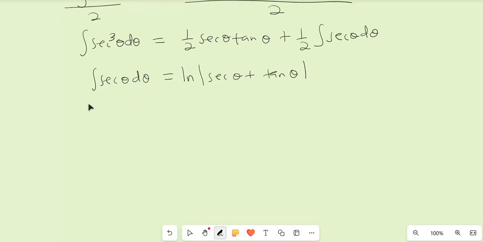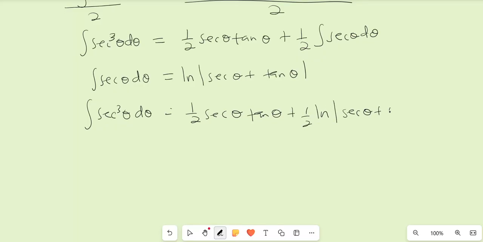So we can now put everything together. The integral of secant to the third power of theta d theta is 1/2 secant theta tangent theta plus 1/2 natural logarithm of the absolute value of secant theta plus tangent theta.